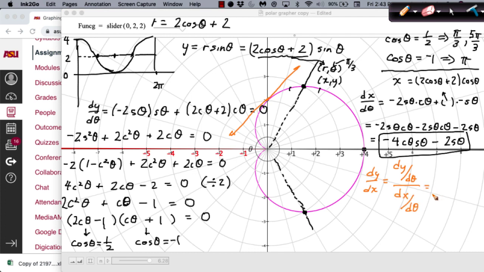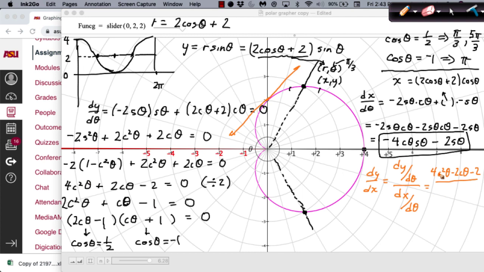We could use any one of these here before we divide it by 2, right? Any one of these would be our dy d theta. So let's just go with this one here. So 4 cosine squared theta minus 2 cosine theta minus 2 was our simplified dy d theta.